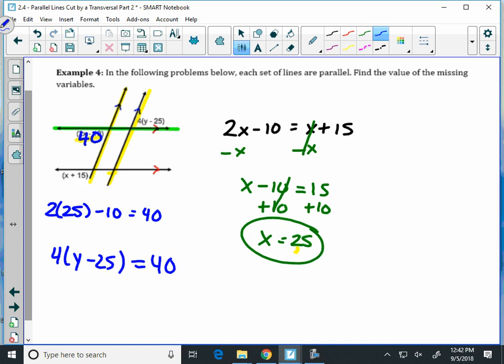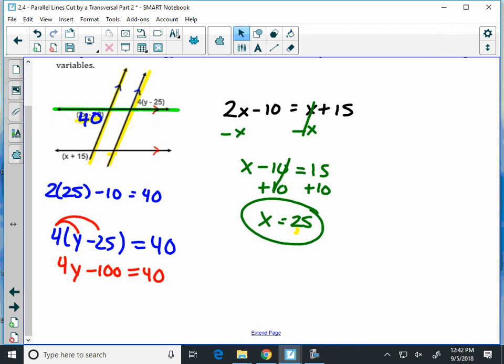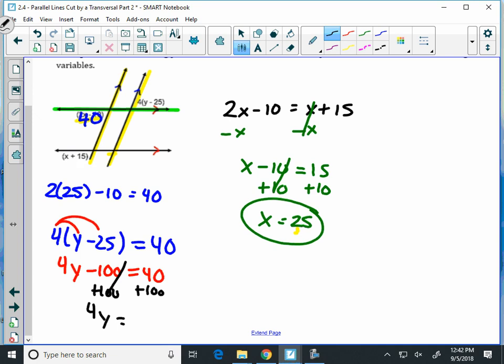And then solve. What do we have to do to solve? Yeah, just got to distribute that 4. We get 4y minus 100 equals 40, and then solve it like a normal equation. Move the 100 over. We get 140.